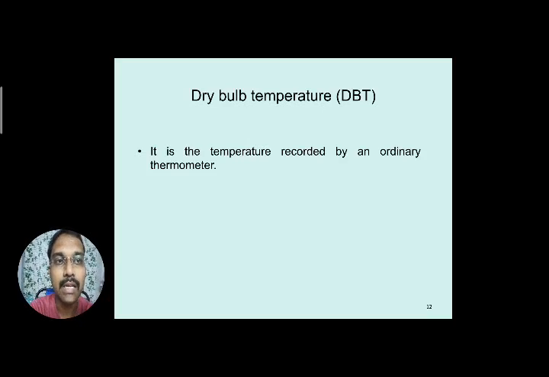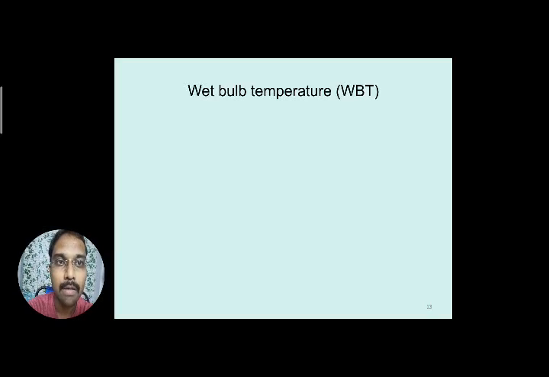It is the temperature recorded by an ordinary thermometer, which is used to measure the temperature. Whenever the temperature is recorded by an ordinary thermometer, that temperature can be referred to as dry bulb temperature. Generally it is denoted by T suffix d, capital T suffix small d.